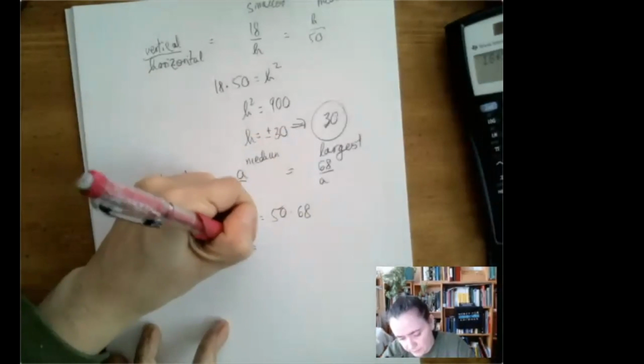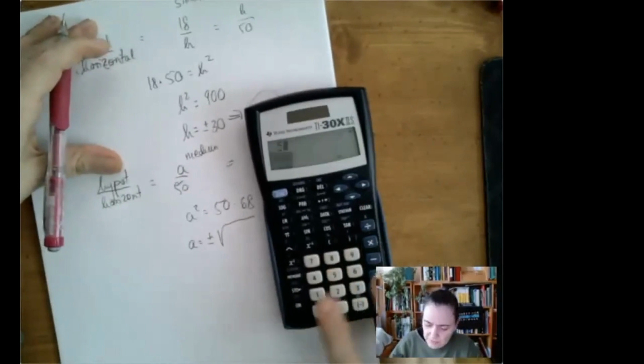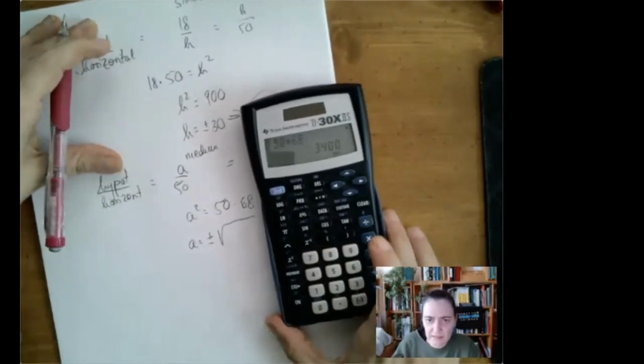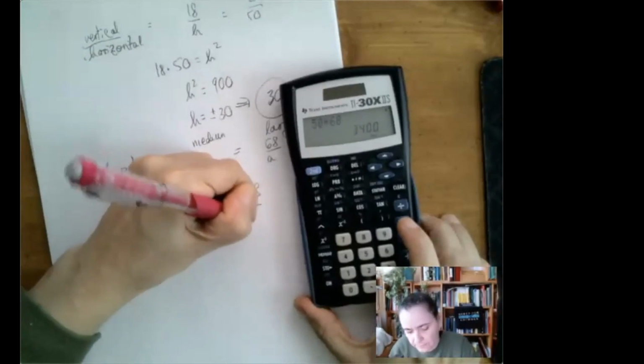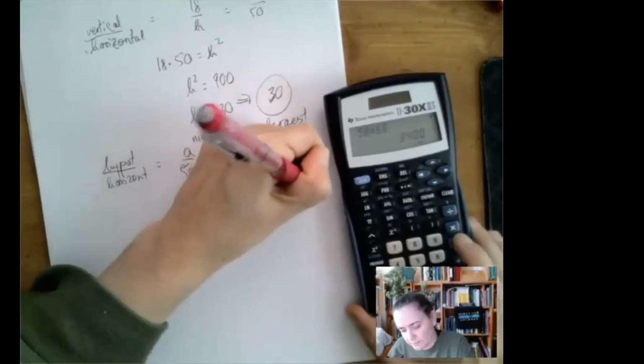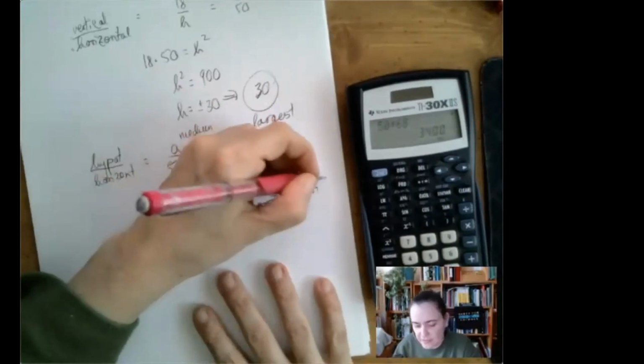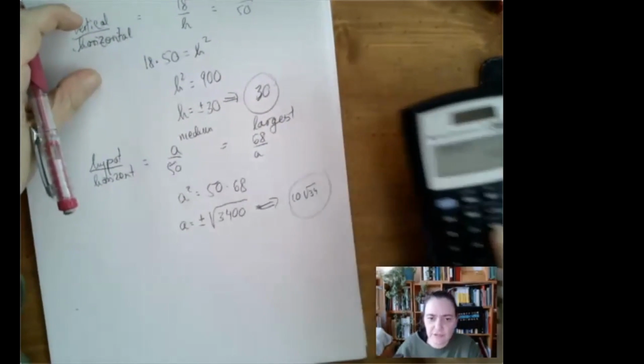This is not going to be as pretty, I think. 50 times 68 is 3,400. One thing, you can factor out the 100 and then the square root of 100 is 10, but either way, that would be A.